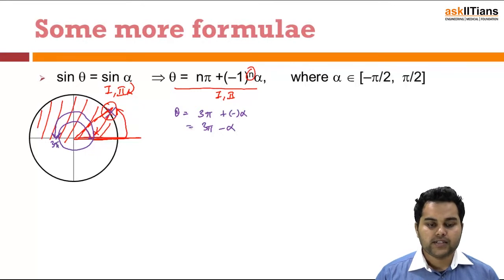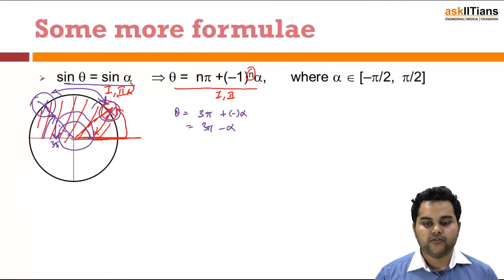Minus alpha, as it is a negative number, means I would go in the clockwise direction from the point I have already reached, by alpha radians, so that would be this point, so I would be getting alpha in the second quadrant. So these are the two possible solutions of this equation, sin theta is equal to sin alpha, and the formula hence is so designed.